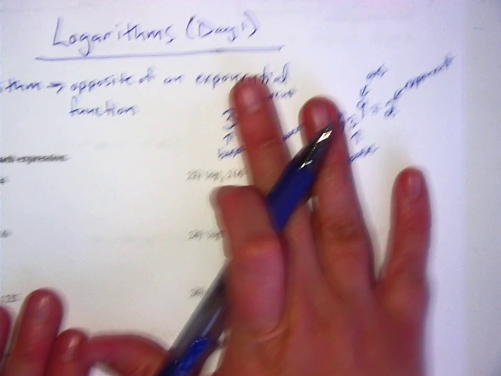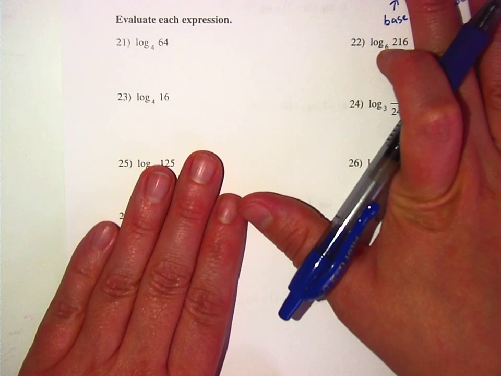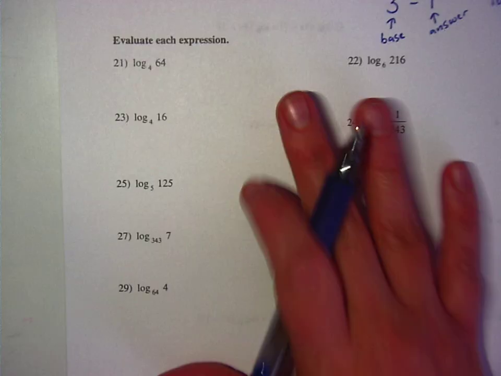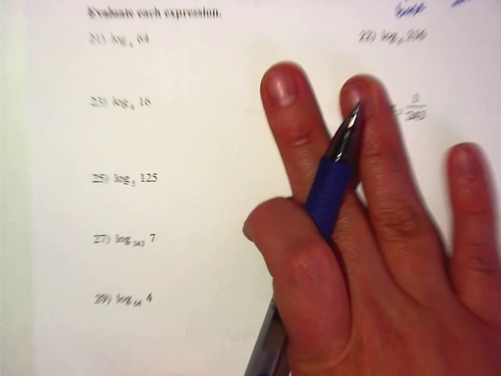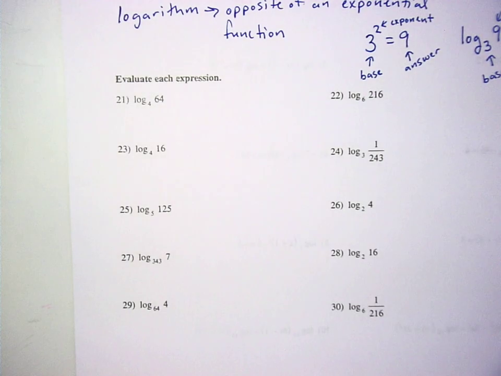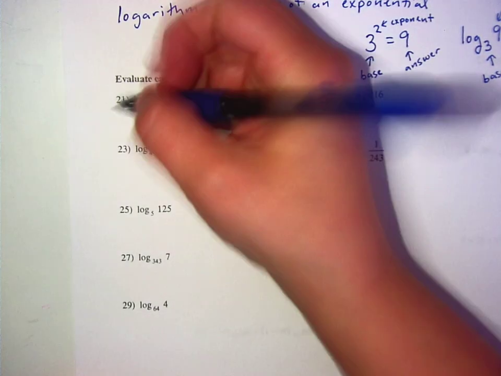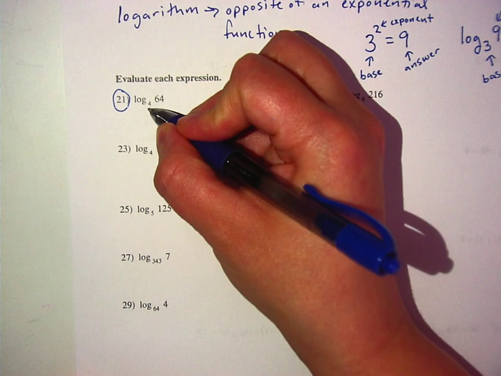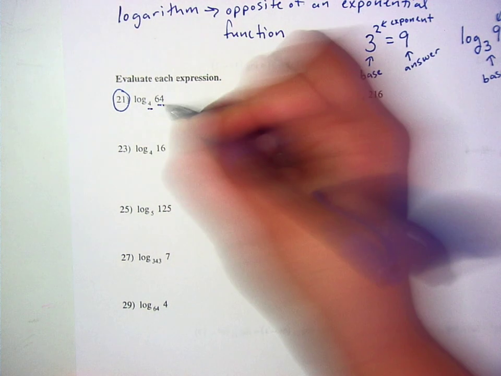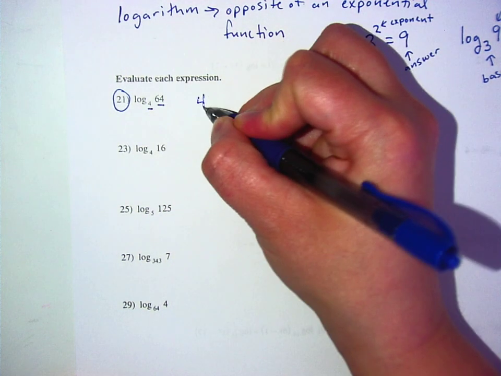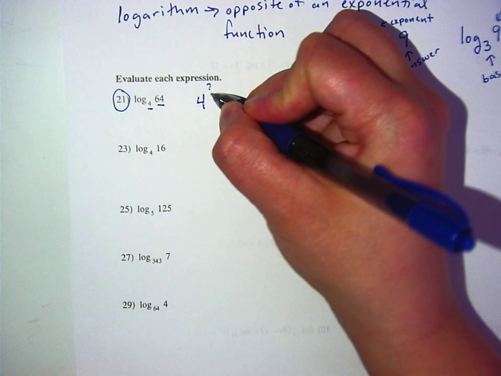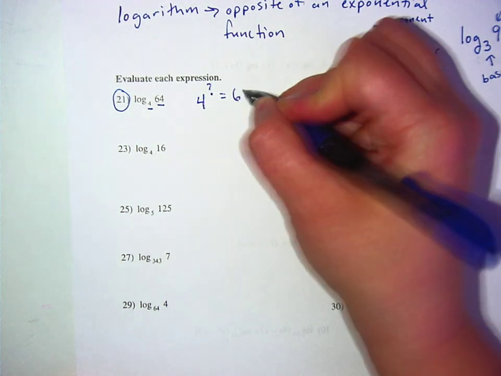All right, so let's try, because this is your assignment, so I'm just going to do some of your assignment with you. Let's try number 21. All right, so this is the base, this is the answer. So actually, here's what it means. Everybody write it down. 4 to the what equals 64.